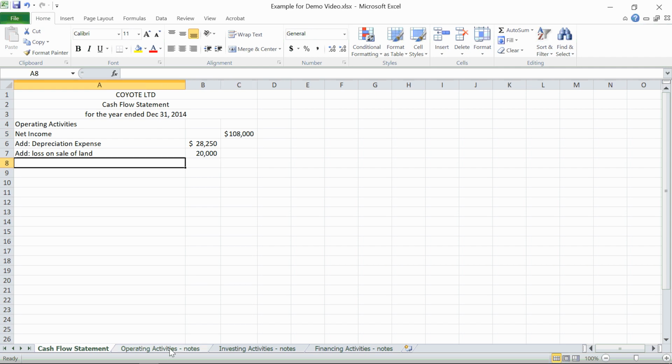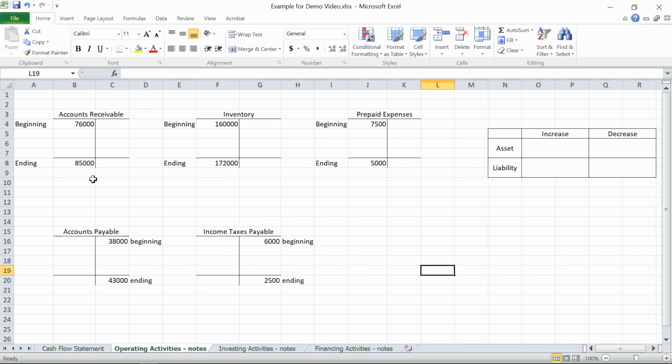So if I go to my operating activities page here, I have a T account for my three current assets, and I'm going to think about the effects of accounts receivable on the relationship between net income and net cash received.